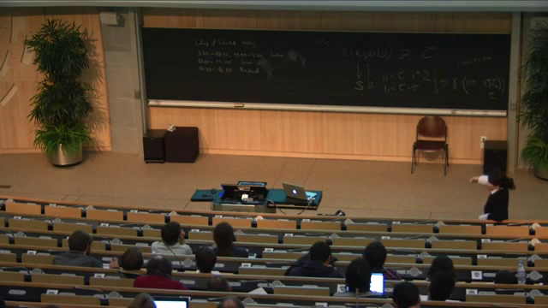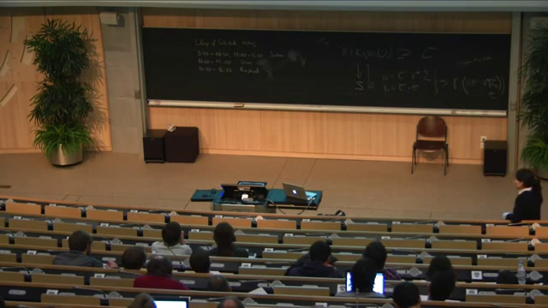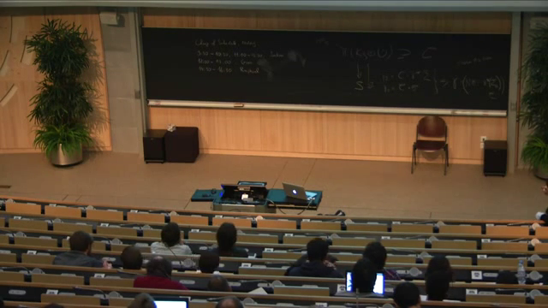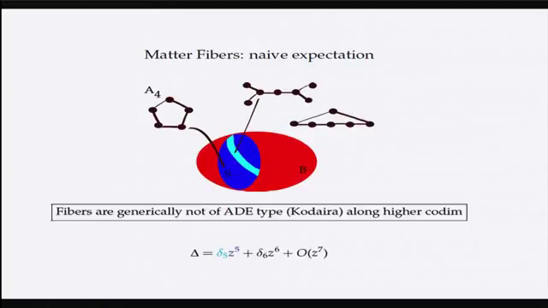Now, what we were interested in is what is actually the structure of the fibers. For example, along this B1 is equal to 0 locus. So naively, right, we're saying there's this A4 singularity, meaning this affine A4 intersecting P1's fibered over S. And now we're looking at a sublocus where B1 is 0. And B1 was the discriminant component of the next order discriminant, so delta 5 is equal to 0 contained B1 is 0.